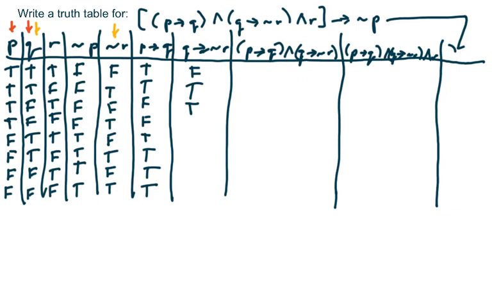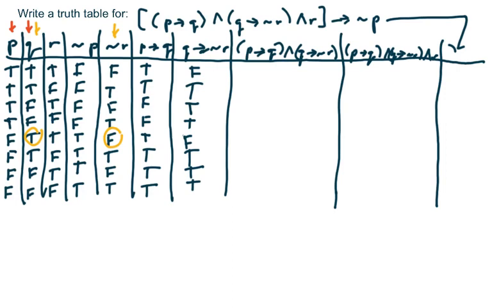Because again, only when a true is followed by a false is a conditional false. Then a false followed by a false, that makes it true. True followed by true is true. True followed by true is true. False followed by false is true, and false followed by true is true. Oh, I may have a mistake right here, if you see it. I did miss a place where there was a true followed by a false right here. That one would be, in fact, false. Sorry about that.